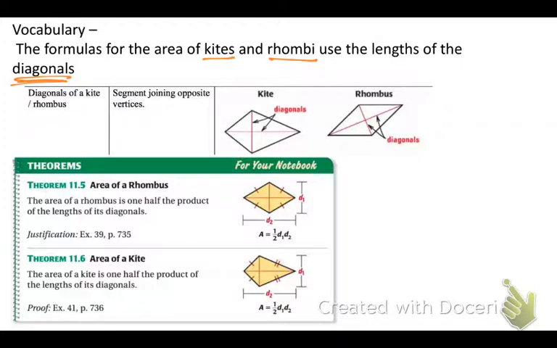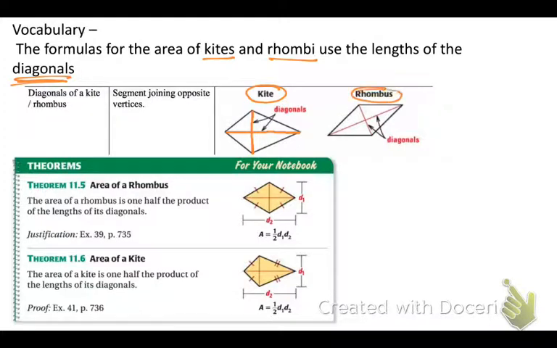This is straight off your vocabulary sheet. Here's a kite. It looks just like a kite that you fly in the sky, or a simple one. Nowadays they have really fancy ones. But these are the diagonals. It's kind of like where the wood sticks go on a kite. One goes across the short side and one the long length. Those are called the diagonals of the kite.